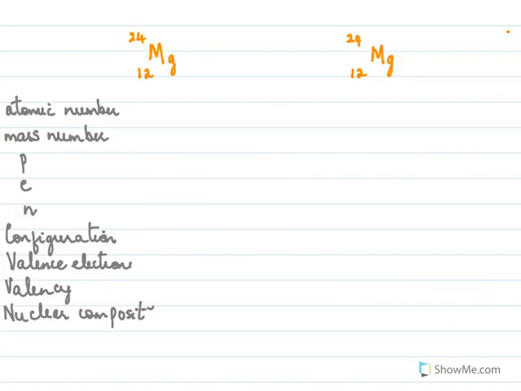Now let us compare these two atoms. Atomic number 12 and 12, so we have atomic number 12 for both. Then when we come to mass, this is 24, and here I have 26.